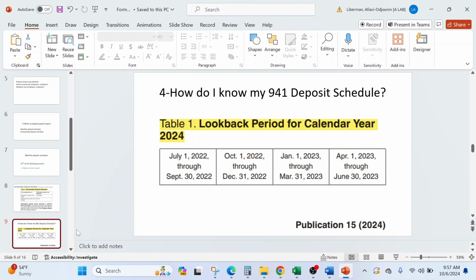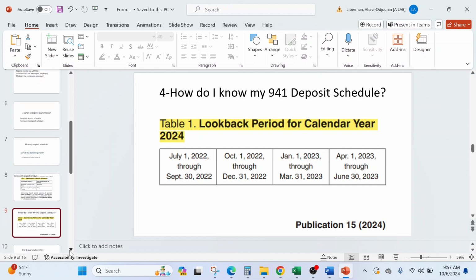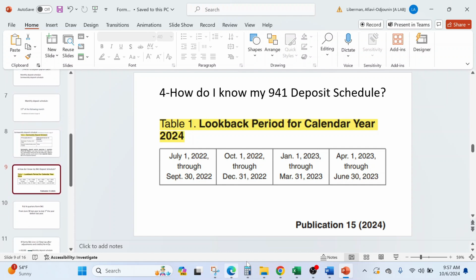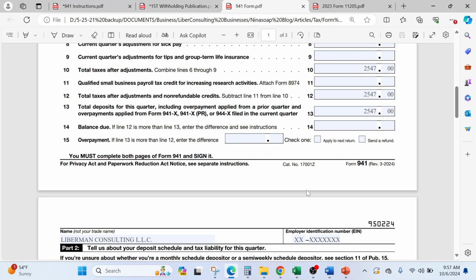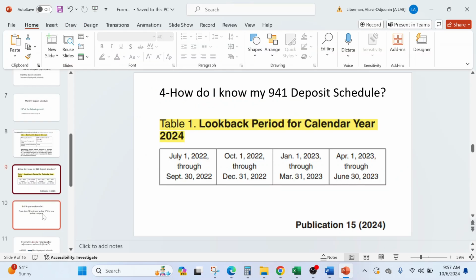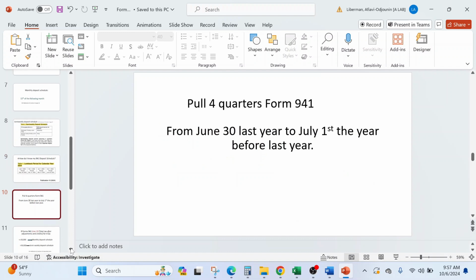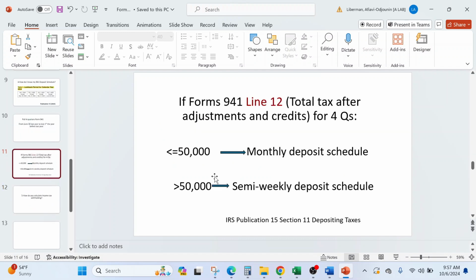So if your total tax on line 12 of those is more than $50,000, you are a semi-weekly depositor, and you will be making deposits twice a week.